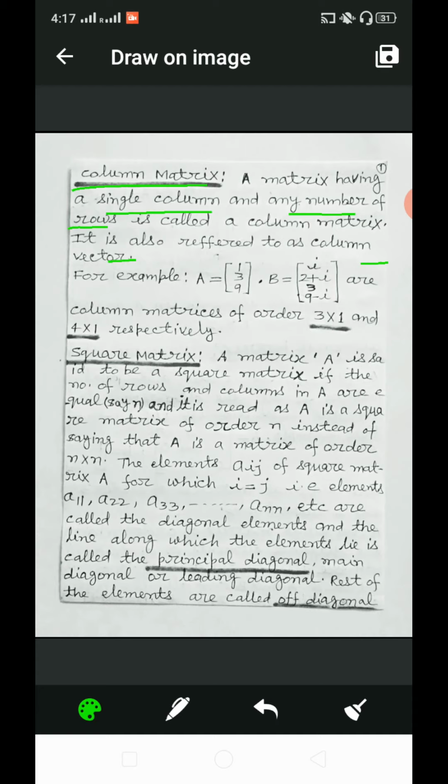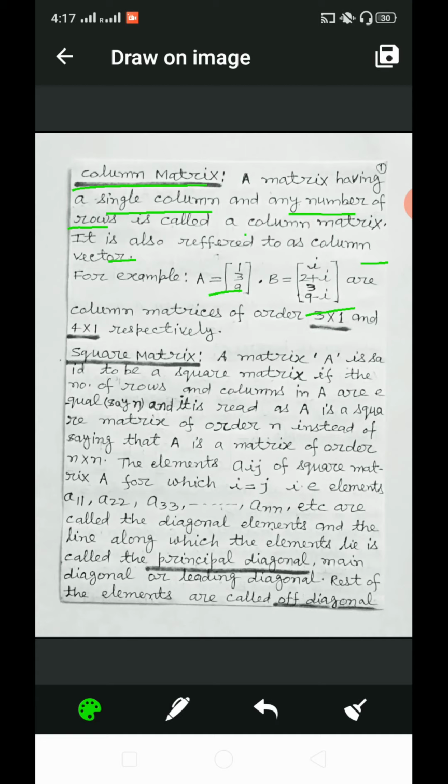Here is the example: A equal to 1, 3, 9 and B equal to i, plus 2i, 3, 9 minus i are two column matrices of order 3 by 1 and 4 by 1 respectively.